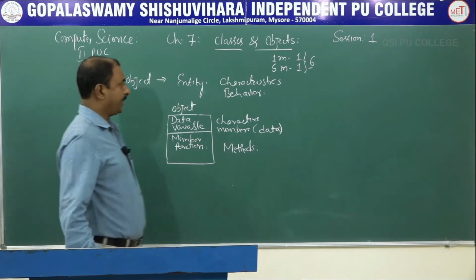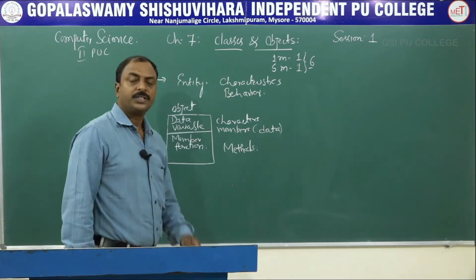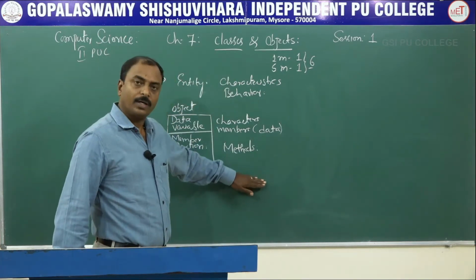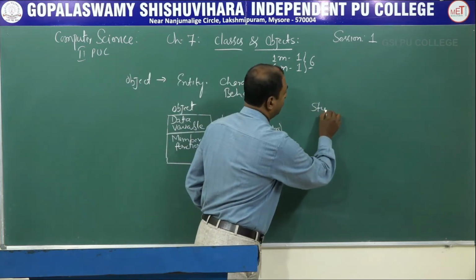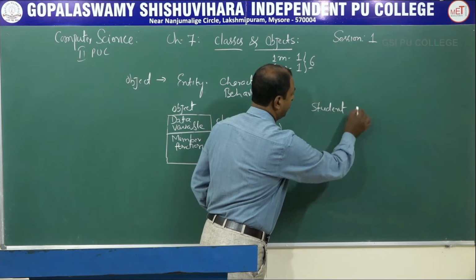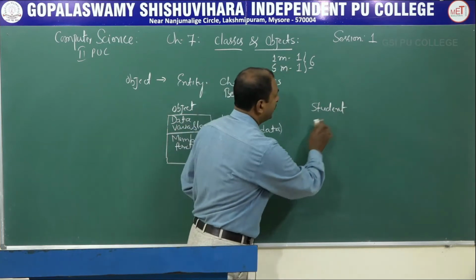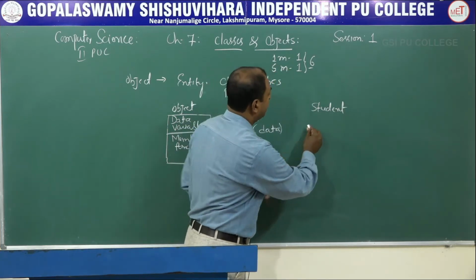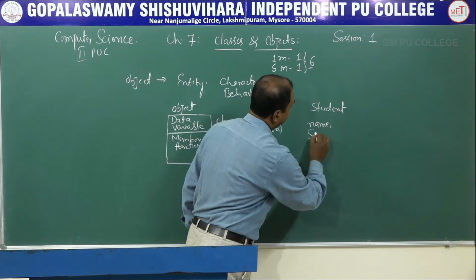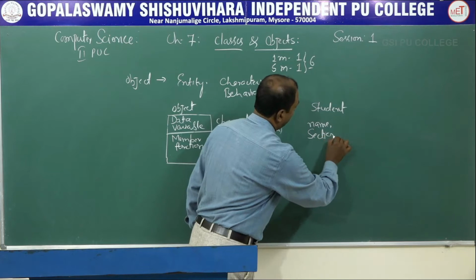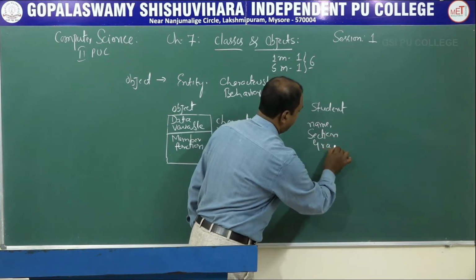Now look at some example here. Let us take an example of an object. Here, suppose I am going to take student object, and what we represent here, I am talking about name of a student, his section, his grade.